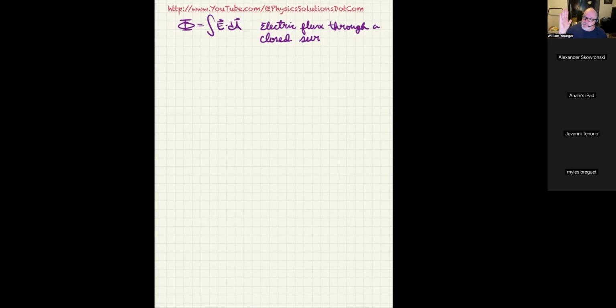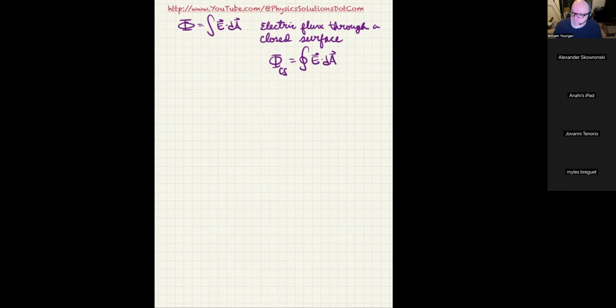However, if you put a piece of cardboard on each end, then it would make a closed cylindrical surface, and you'd have to actually cross cardboard to get from the inside to the outside. So in this case, if we wanted it for a closed surface, then the electric flux becomes phi closed surface is equal to the integral E dot dA, but this time I put a circle over it because it means that I'm only supposed to evaluate this integral over a closed surface.